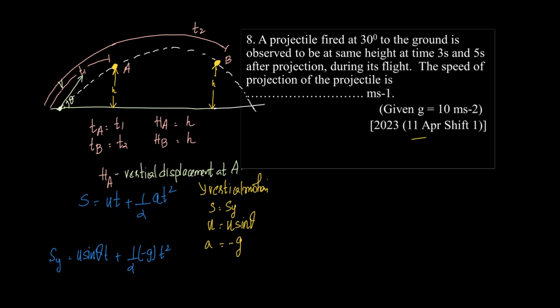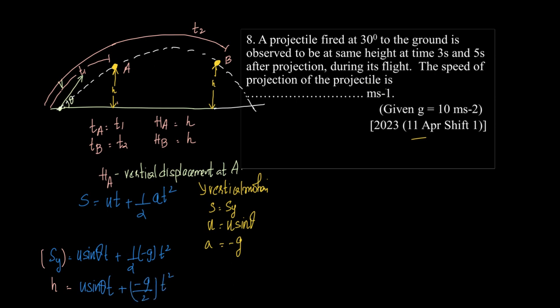Now what is the actual value of Sy here? Sy is the vertical displacement, and that value is given to be h, which means I can write h is equal to U sine theta into t plus minus g by 2 into t square.